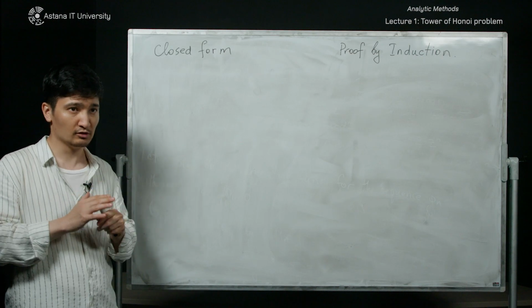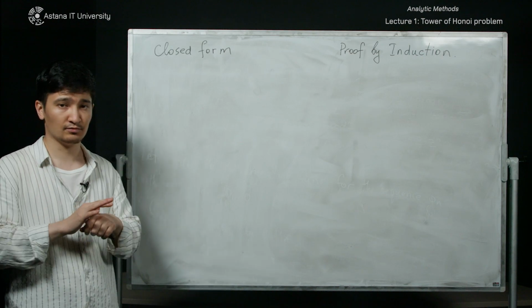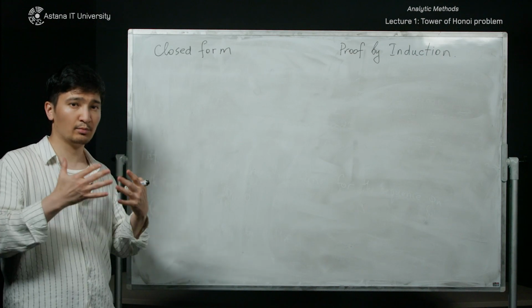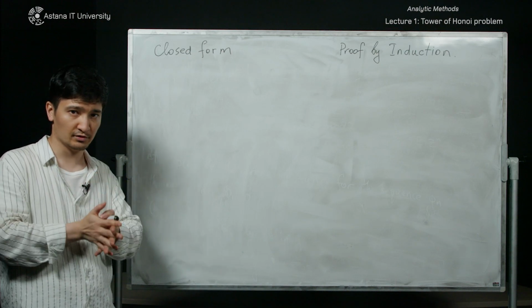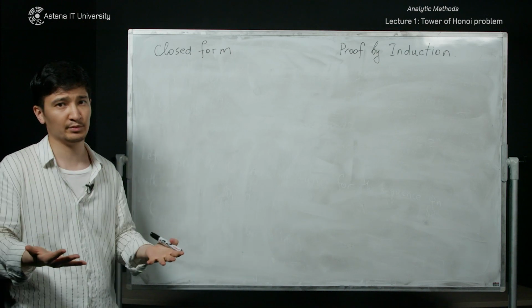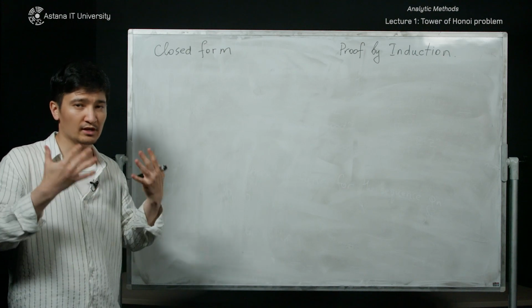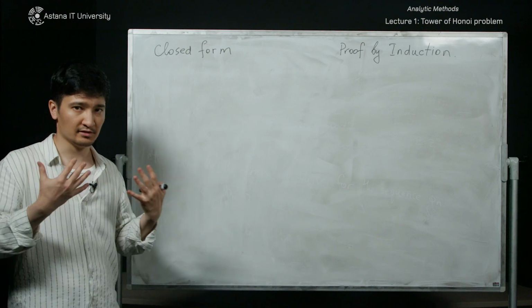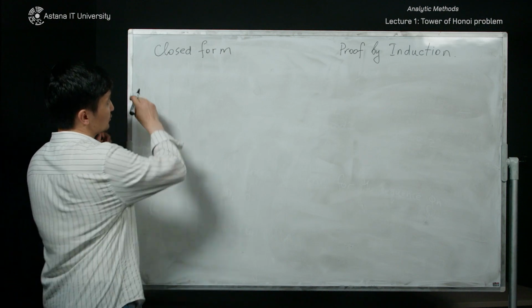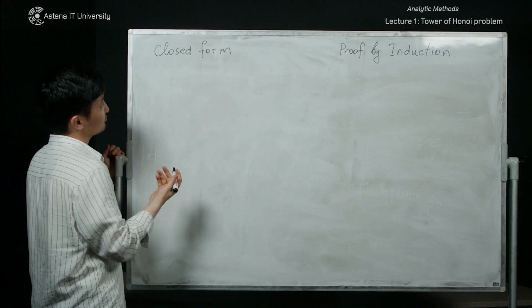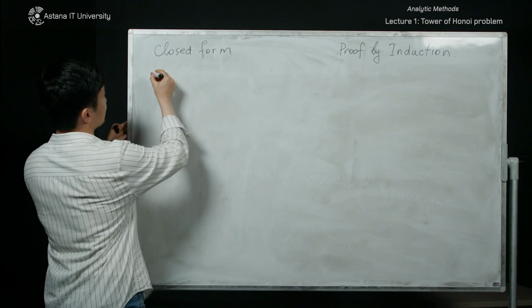Not only in this problem, but in all recursive problems, we want to come up with a closed form, because the closed form is much more cost efficient, which basically means that it computes the values much faster. To guess the closed form, again, I need some observational data.